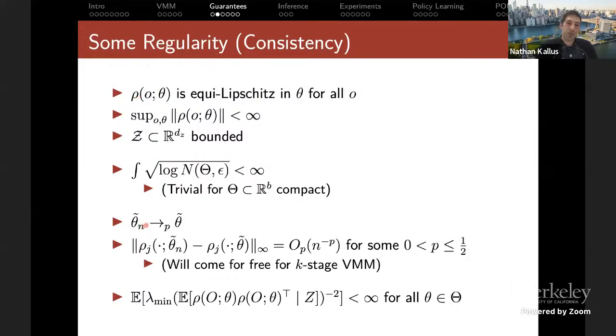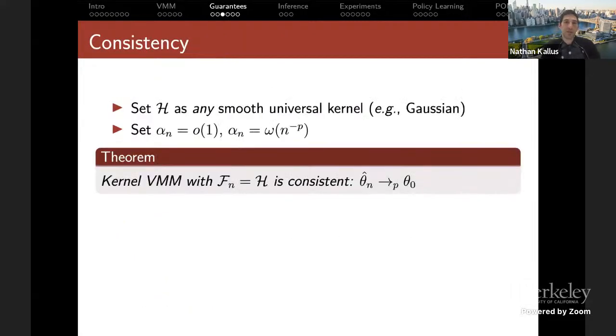We're going to assume that our initial guess, theta tilde, converges to some fixed theta tilde, has some fixed point. And in particular, also the rho evaluated at theta tilde n converges to theta tilde. And both of these things will come for free when we do k-stage VMM. But for now, I'm just going to make this an assumption about theta tilde n. And we also need nice second moments to the moment conditions. And under these assumptions, and absolutely no other assumptions, we can show consistency.